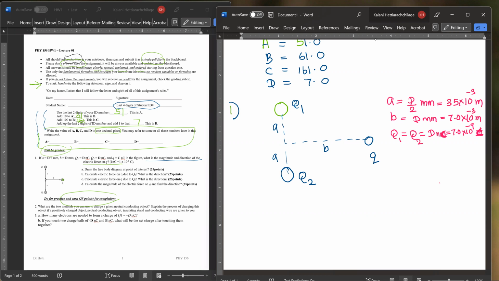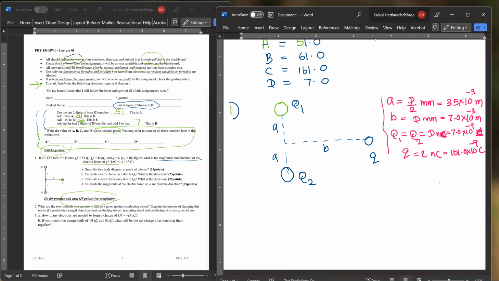Okay, and then we have lowercase q. Lowercase q is given as C nanocoulombs. C is equal to 161.0 times 10 to the negative 9 coulombs.